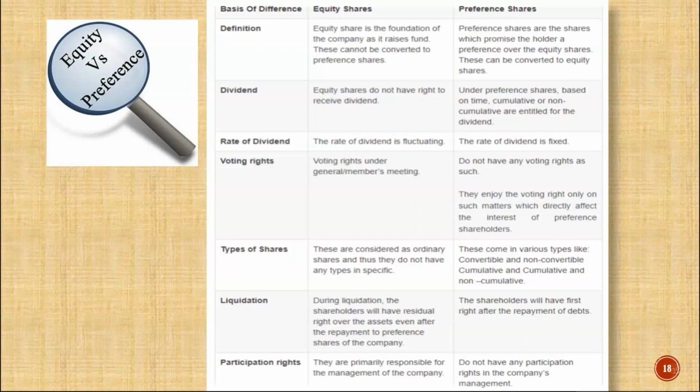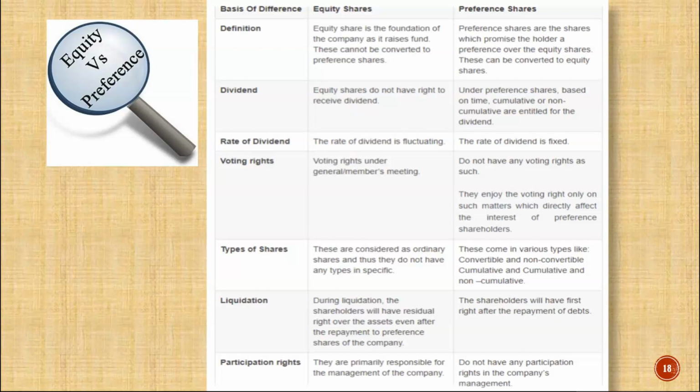Voting rights under general or members meetings are available to equity shareholders, while preference shareholders do not have any voting rights as such. They enjoy voting rights only on such matters which directly affect the interest of preference shareholders.